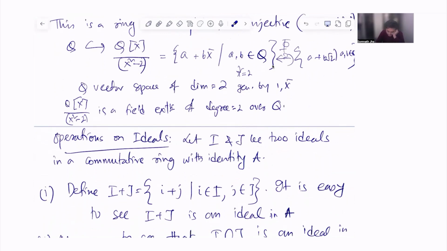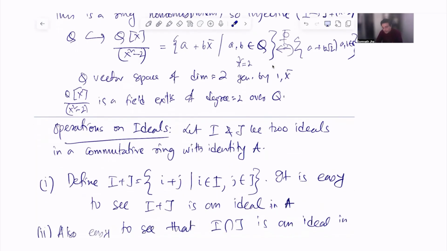So define I plus J to be the set of all elements i plus j, where small i is in capital I and small j is in capital J. You can clearly see that this is an ideal because this is an additive subgroup, and it has the identity element 0 plus 0, and the inverse of an element i plus j is minus i plus minus j, and so on.